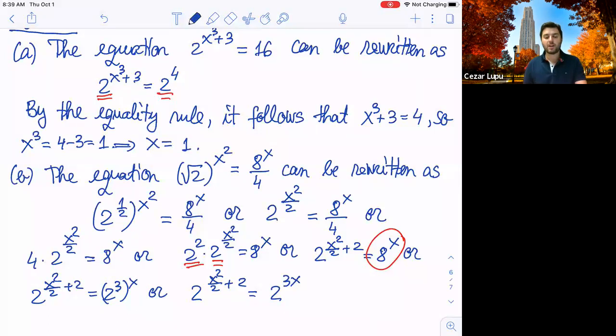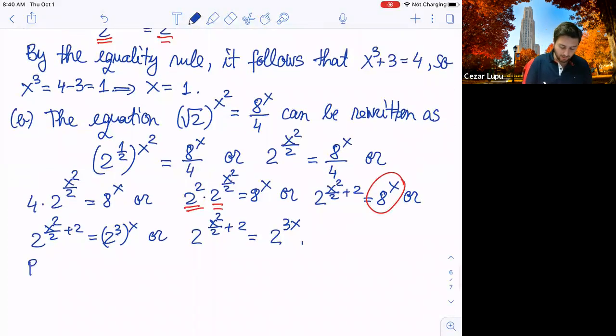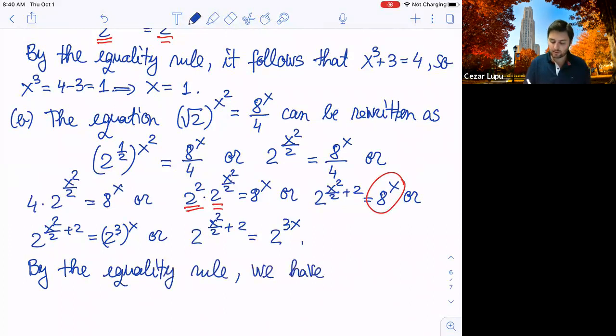Great. So I reach all the way up to this point, which is absolutely beautiful. As you can see here now, I can apply the equality rule. So by the equality rule, as you can see, these two have the same base. So we will have that x squared over 2 plus 2 is the same as 3x, right?